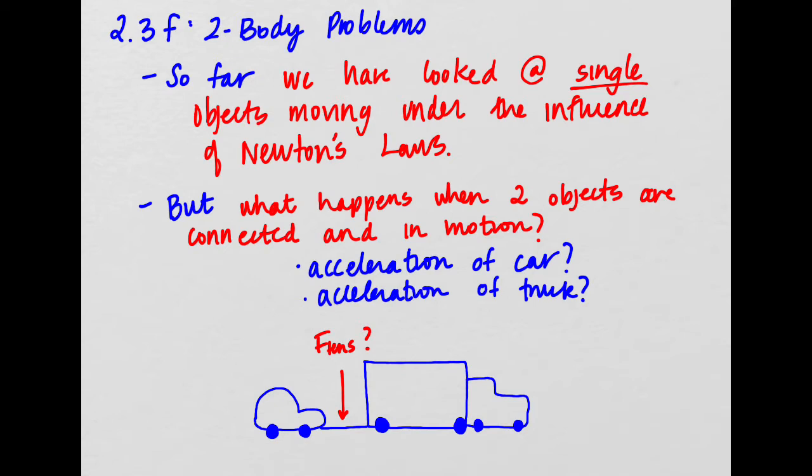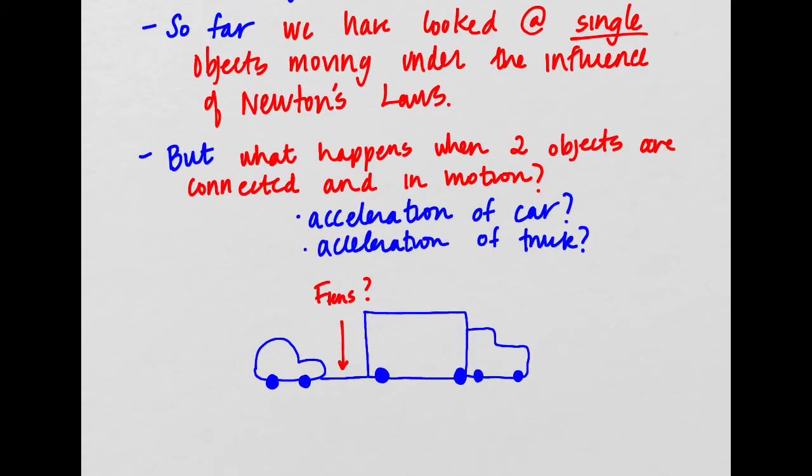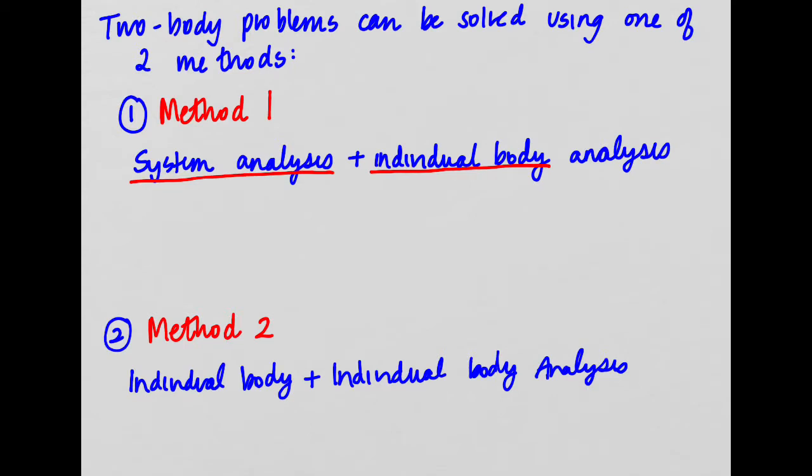There are two different ways that we can solve these problems. We're going to go through the methods first, and then do some examples using both of them. The first method is where we use what's called a system analysis.